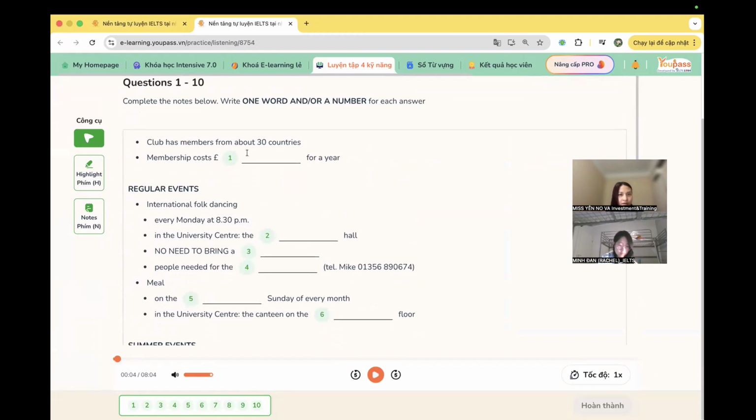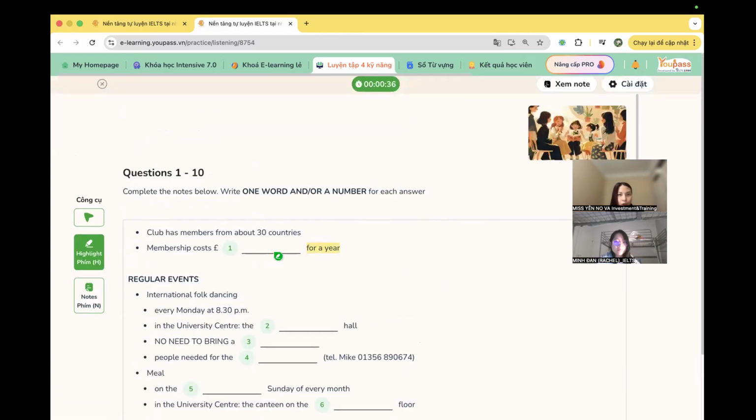The membership cost, as you can see, is for a year. Maybe they will start with how much you will spend for a month, and then they can mention things like 12 months or 6 months as well. So you can compare what the price is for a year.